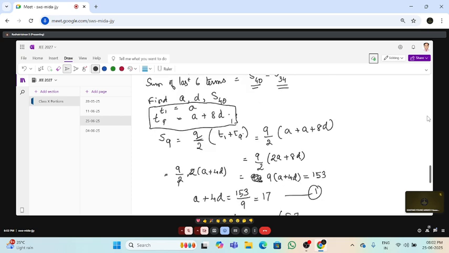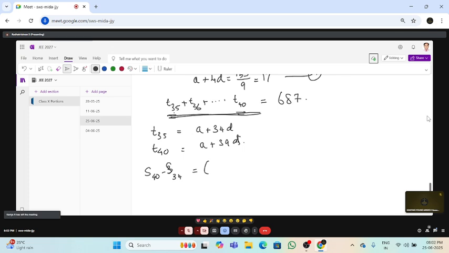There are how many terms? 6 terms are there. And what is the average? Average is T35 plus T40 divided by 2. A plus 34D plus A plus 39D, whole divided by 2. This is average, right? A plus 34D is your 35th term. A plus 39D is your 40th term.